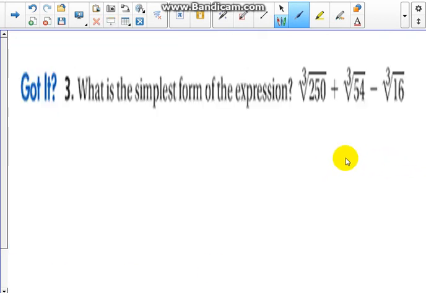So here's another one for you. If you'd like to work the got it, you have, what is the simplest form of the expression? The cubed root of 250 plus the cubed root of 54 minus the cubed root of 16. So you know you're going to have to try to get things in terms of factors that are cubed.